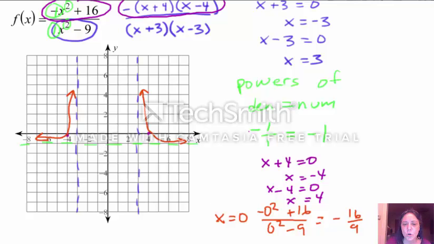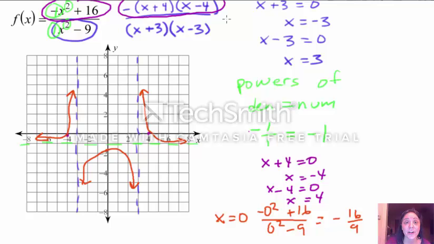So we know that it is more negative than negative 1. It's down here somewhere, and we can go ahead and sketch our curve in here. We know there's no more x-intercepts, so there's our curve, and we have our sketches made.